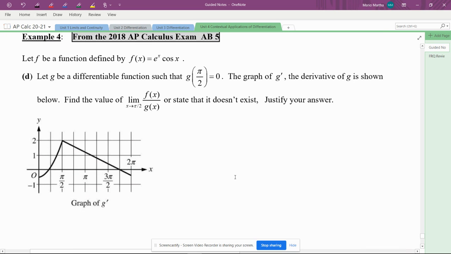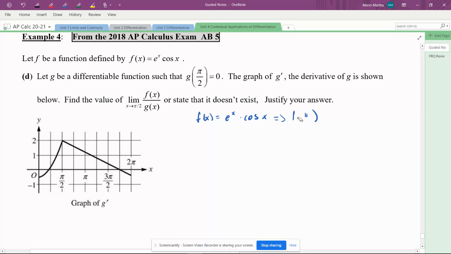So what we want to do here is, again, they're telling us f of x. I'm going to rewrite it over here. f of x equals e to the x times cosine of x, right? So I'll plug into the limit, not into the function itself.